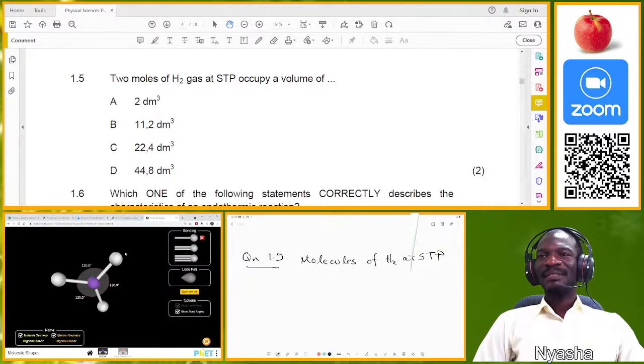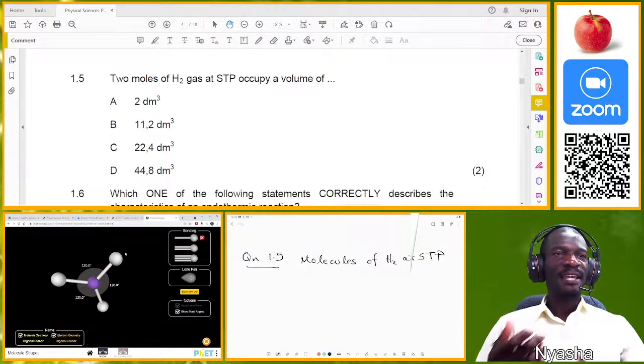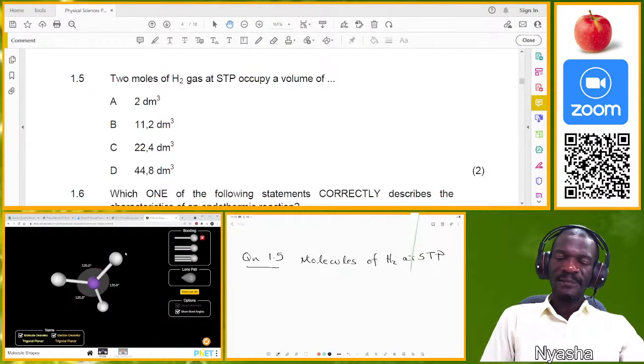With hydrogen, if we are at standard temperature and pressure, it will behave like an ideal gas. If we take it to extreme values of temperature and pressure, that's when it starts to deviate from the ideal gas behavior. So in this question, the equation that we will need is the ideal gas law.